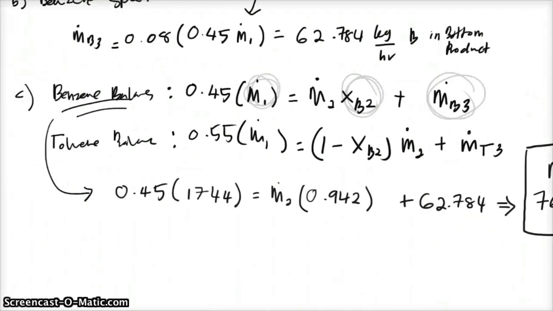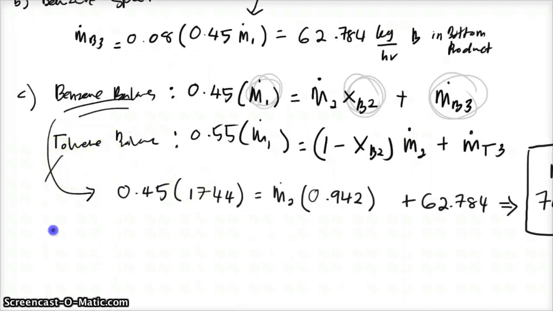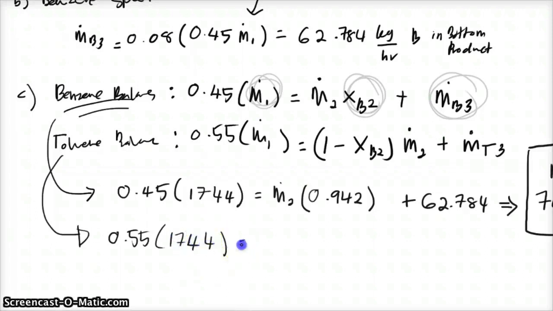And next, we can do the toluene balance. So same thing, 0.55 times 1744 equal to M2. We just found out the M2, isn't it? Oops.